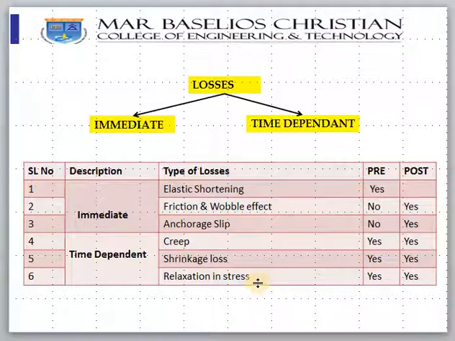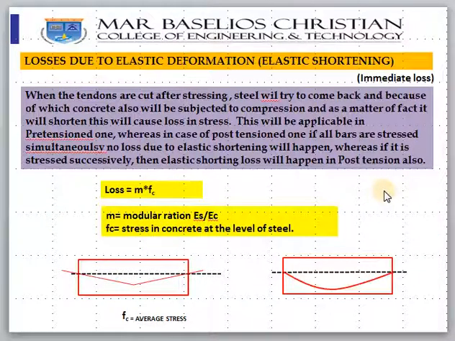So this we will see one by one. Mainly there are some 6 types. Immediate losses are 3 types, and time dependent losses are 3 types. Time dependent losses happen for both pre and post tension, whereas the immediate losses happen mainly in post-tensioning, and elastic shortening happens for pre-tensioning. Let us see one by one.